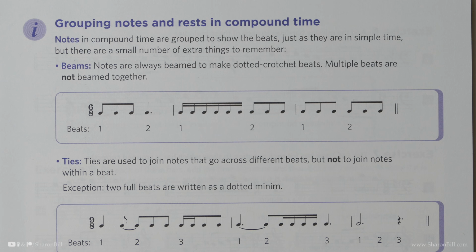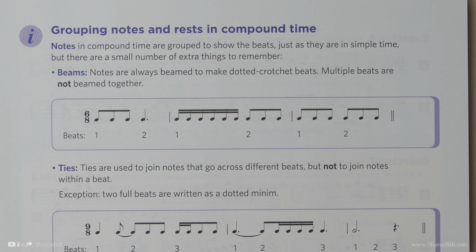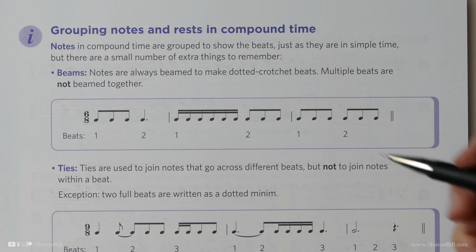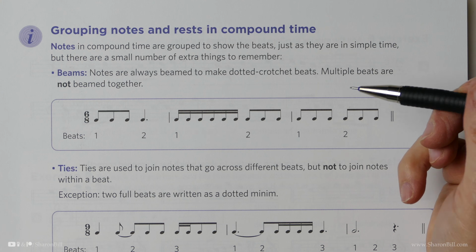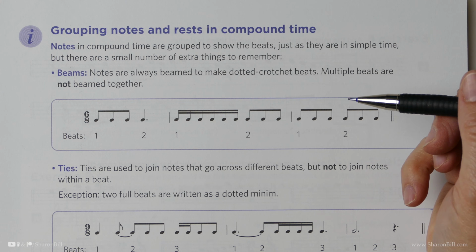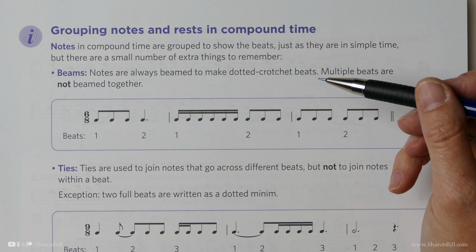Moving on, in the Grade 3 ABRSM Discovering Music Theory workbook, we move on to page 15 now, continuing with the topic of compound time. And we look now at grouping notes and rests in this new compound time format. The principle, however, is exactly the same as we've always done, where we need to group to show each new beat.